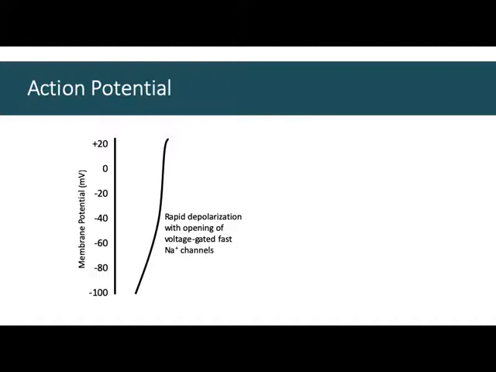And you know this to be the rushing in of sodium. Voltage-gated sodium channels open. Sodium rushes in. More positive things inside means the membrane potential spikes, it skyrockets. This is one characteristic that initiates the cardiac cycle, or initiates depolarization.